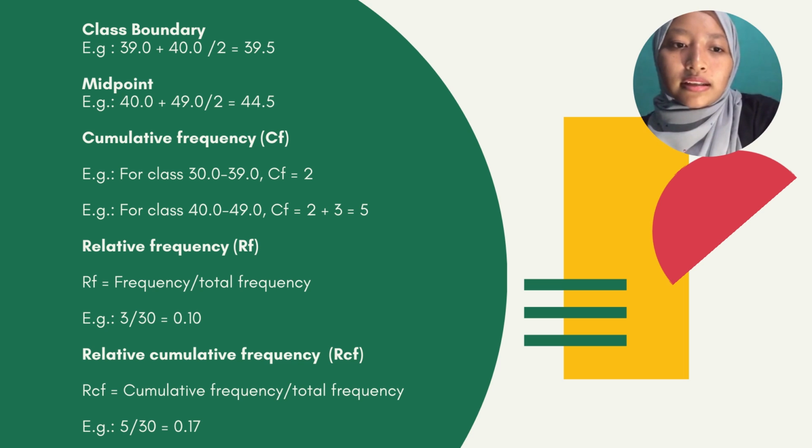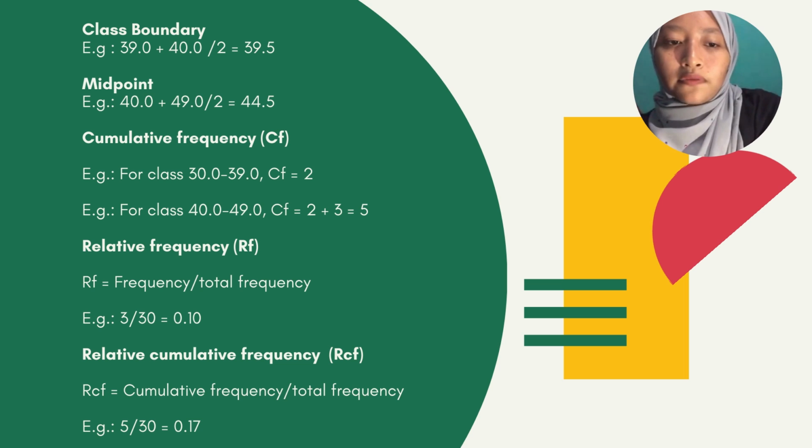Last but not least is the relative cumulative frequency. You will get the answer by dividing the cumulative frequency by the total frequency. So for class interval 40 to 49, the cumulative frequency is 5 and you divide the value by the total frequency, which is 30.